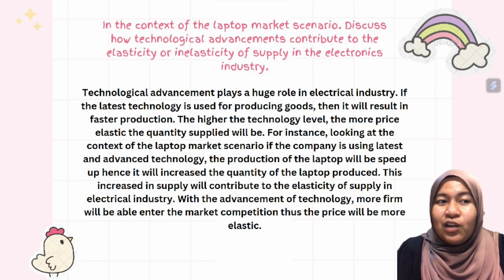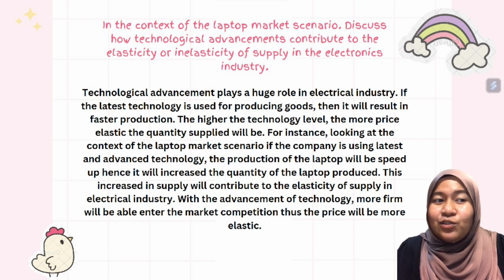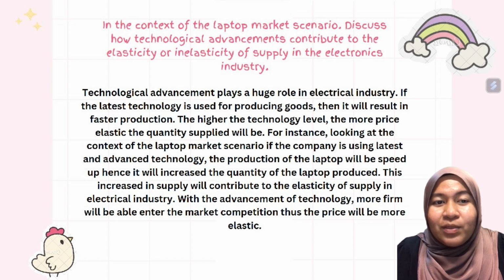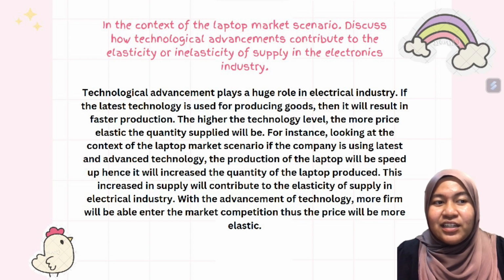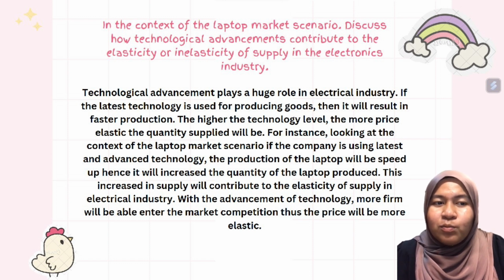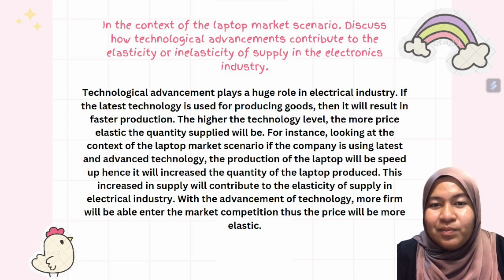For instance, in the context of the laptop market, if the company is using the latest and advanced technology, the production of laptops will be sped up. Hence, it will increase the quantity of laptops produced. This increase in supply will contribute to the elasticity of supply in the electronics industry. With the advancement of technology, more firms will be able to enter market competition, thus the price will be more elastic.